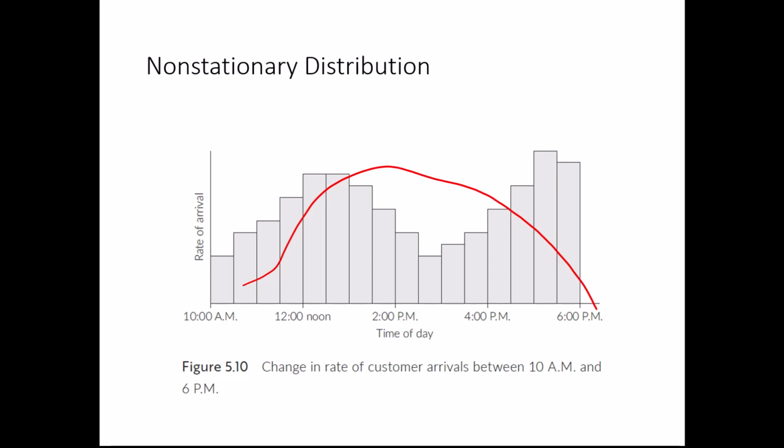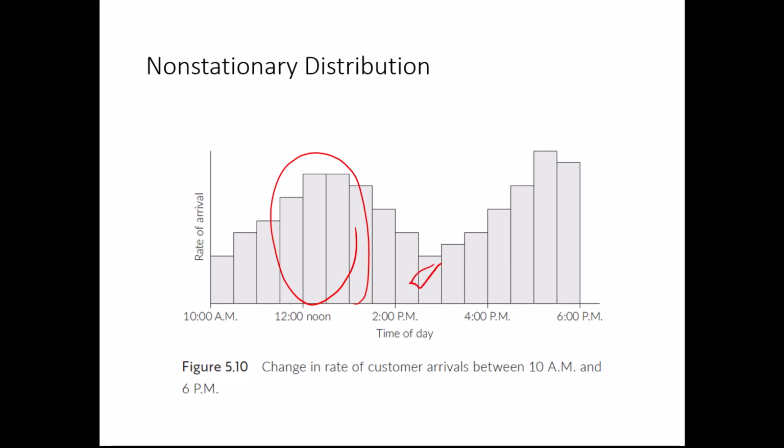Let's say that your restaurant is open from 10 to 6, and you have more customers appearing at lunchtime, like it shows here. Then as the time goes by, let's say at 3 o'clock, you have fewer customers, and then when dinner time starts, you start to have more customers.